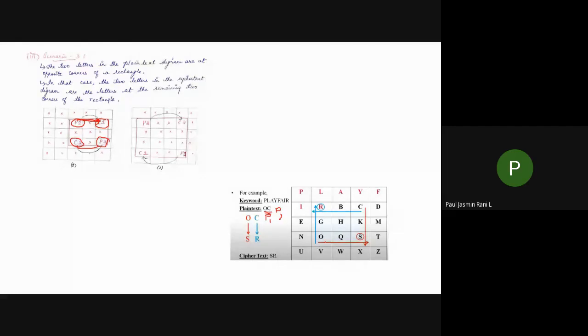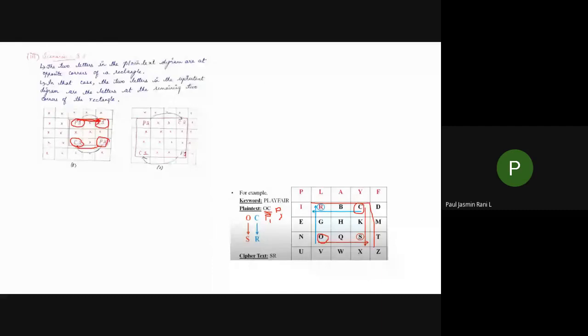Here it is O, and C lies over there. You cannot say that this is the same row or same column; it is on a different side. So first you have to form a rectangle. This is how you form a rectangle.